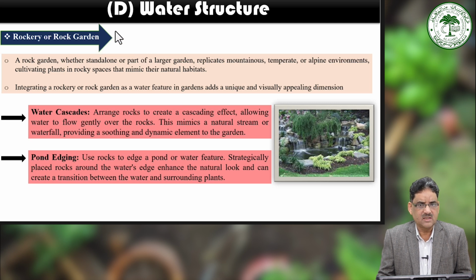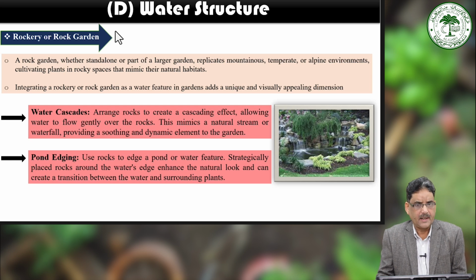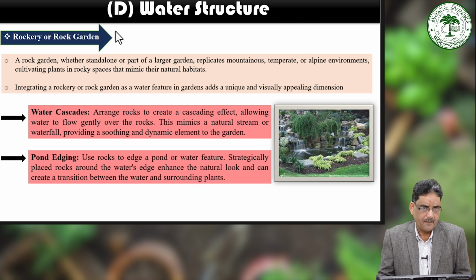A rock garden, whether standalone or part of a larger garden, replicates mountainous, temperate or alpine environments, cultivating plants in rocky spaces that mimic their natural habitats. If a rockery or rock garden as a water feature is incorporated into the gardens, it adds a unique and visually appealing dimension.